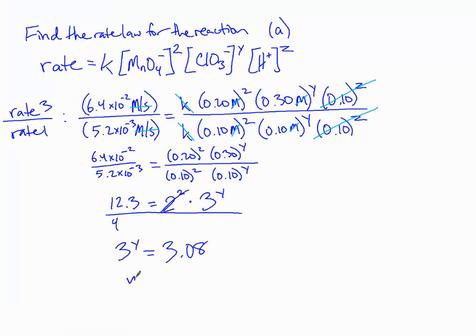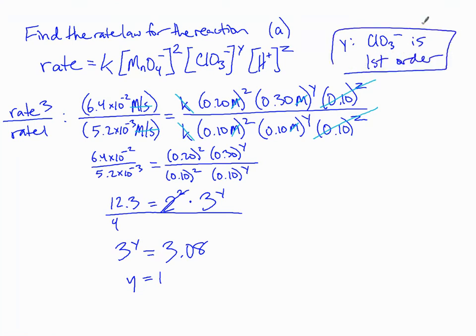We're going to say that y is pretty much 1. So ClO3 minus is first order. That's what we just found, where y equals 1.